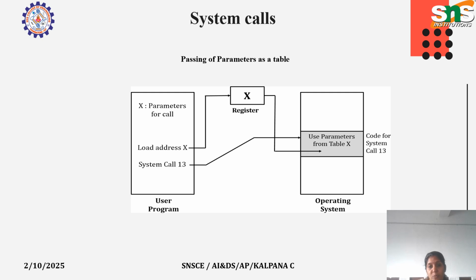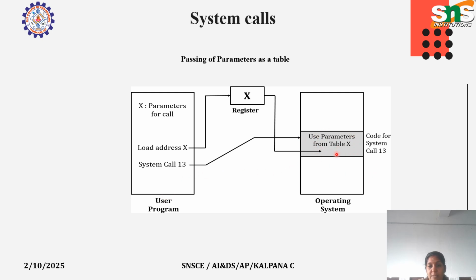Once the user program calls a system call, the system call will be executed in kernel mode, that is, the operating system. So control passes from the user program to the operating system.